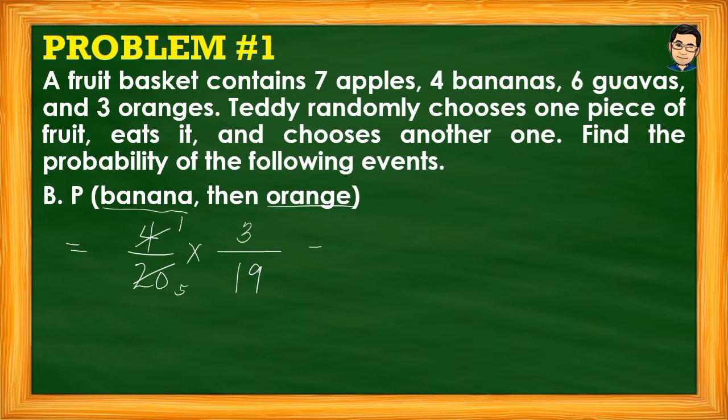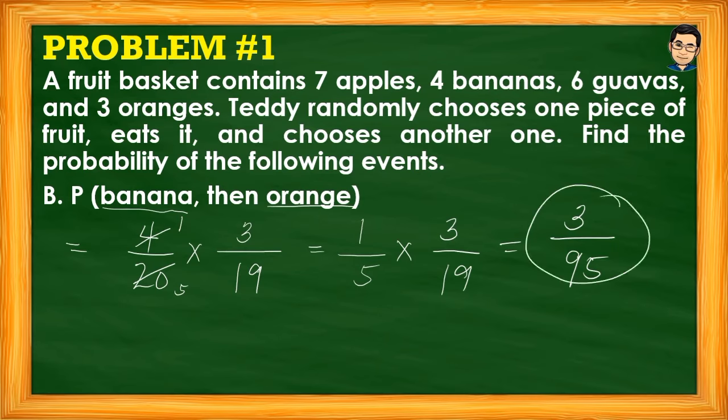Next, multiplying the remaining factors. So, 1 times 3 is 3, over 5 times 19, that is 95. So, the probability of choosing banana, then orange, is 3 over 95.